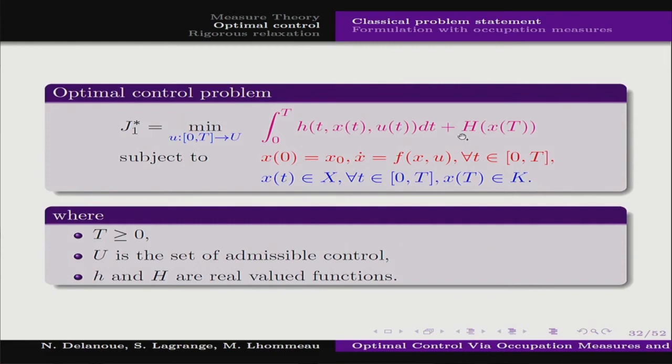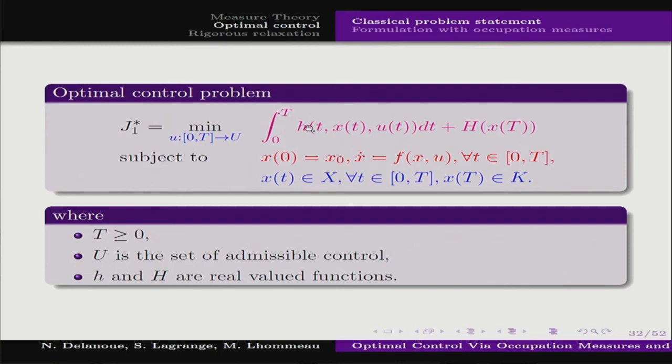Here in red you have your control system: the classical initial condition, the dynamics, and you can also have constraints on the state space, constraints on the time, where you want t to belong to 0 and capital T, and you can also have constraints on the final time, where you want to go to a target, for example. And what I want to minimize is the integral of something that depends on the state, the control, and the time t.